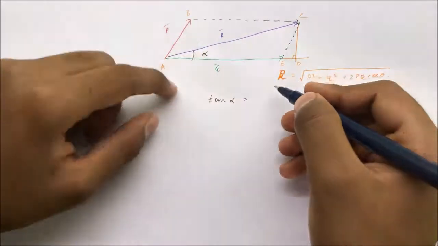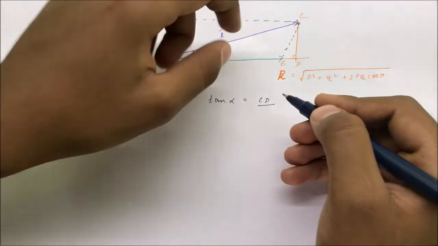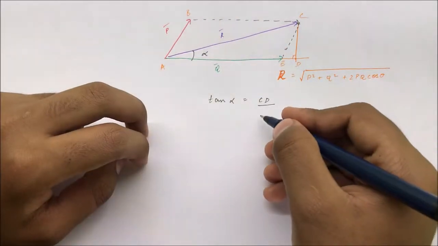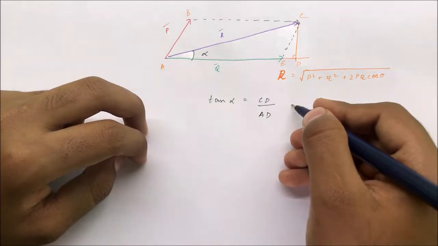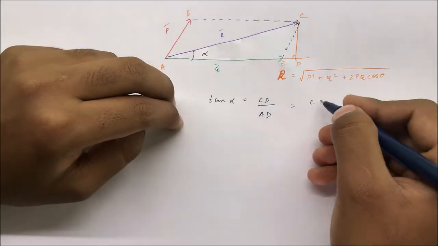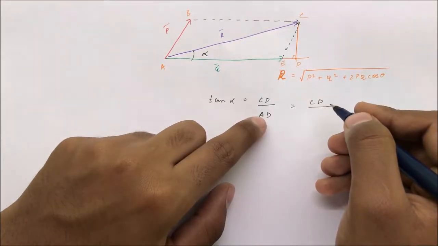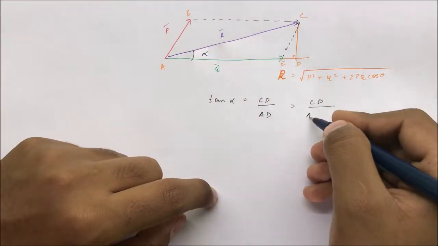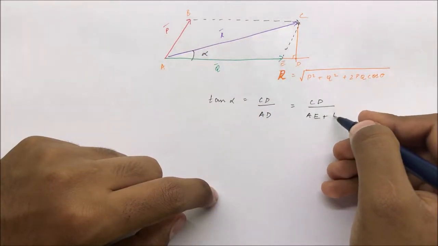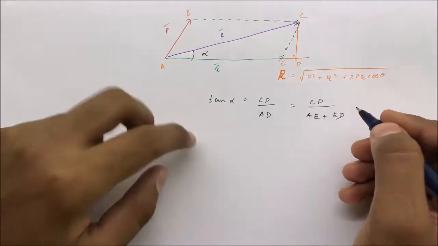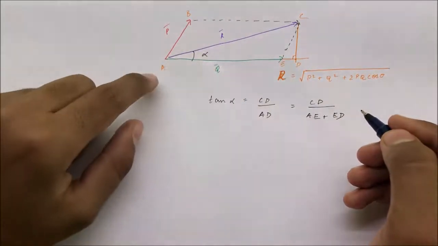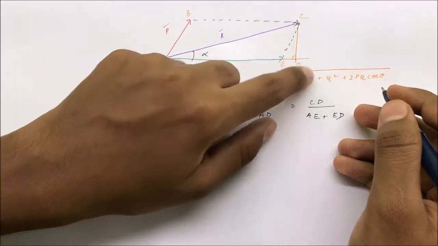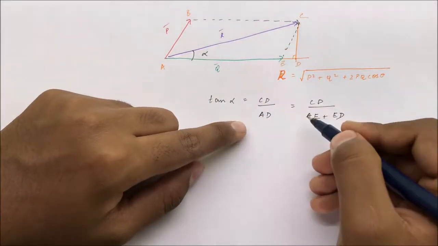So the opposite side is CD, the adjacent side is AD. We can keep CD as it is for now. What is AD? AD is nothing but AE plus ED, because this entire thing AD is the sum of AE and ED.